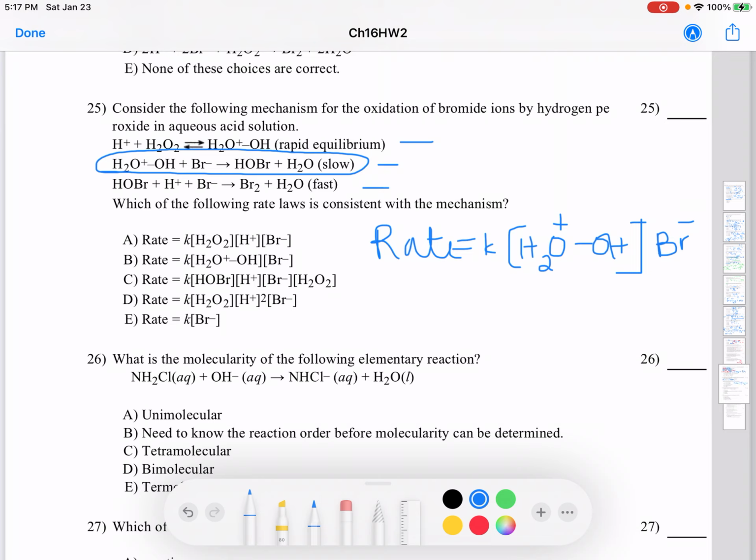Yeah. So this should be the rate: k [H2O2] [OH minus] [Br minus]. So pick the one that has this formula for the rate.